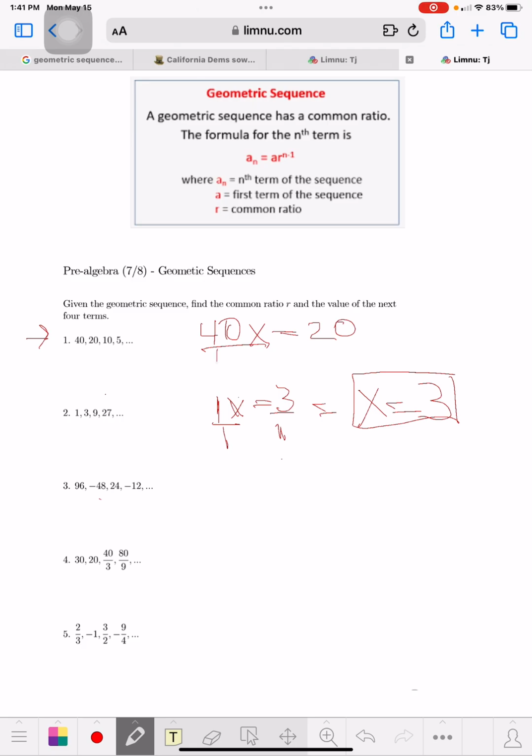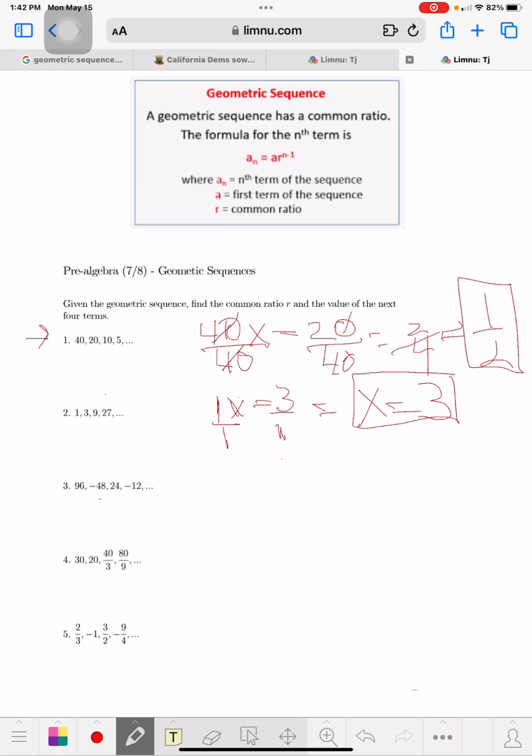So we divide both sides by 40. These two 40s cancel each other out. 20 over 40 can be reduced to 2 over 4, but it also equals 1/2. So that's what they multiply by. That's how I figured out what the multiplication part was, okay?